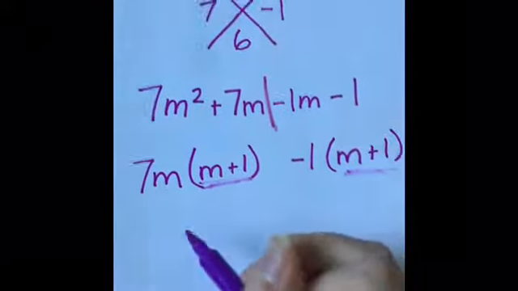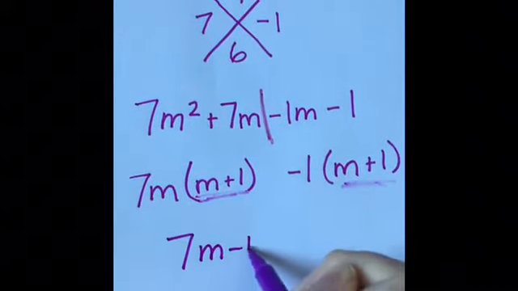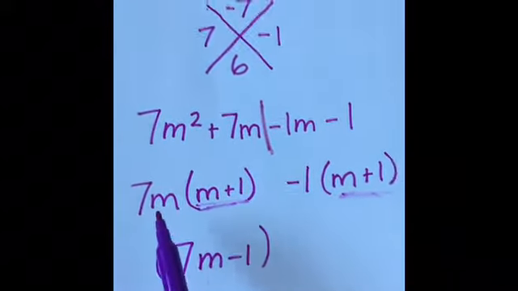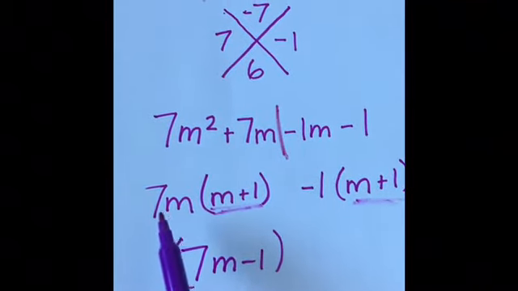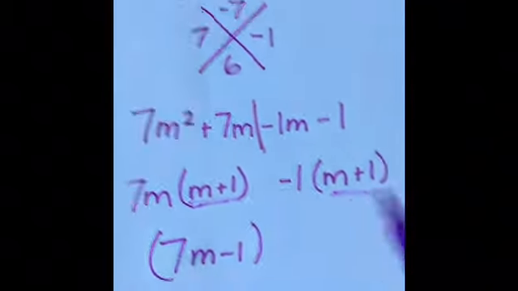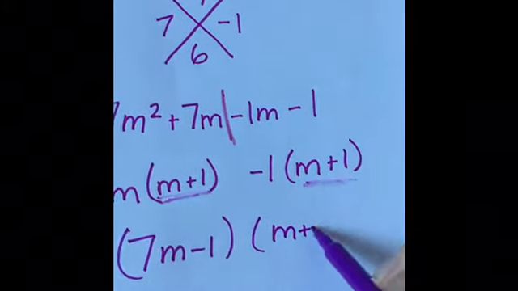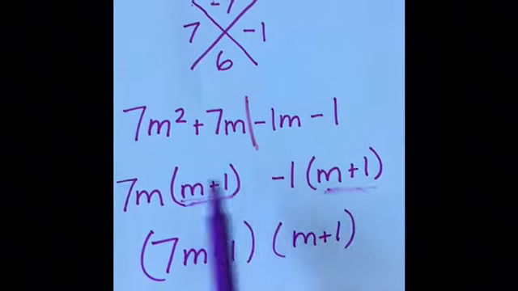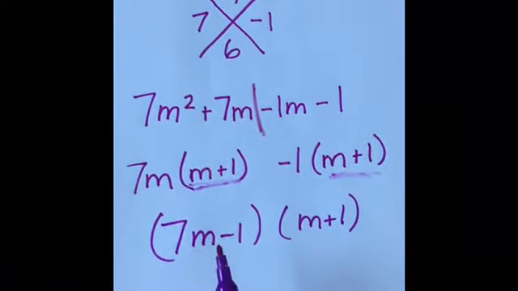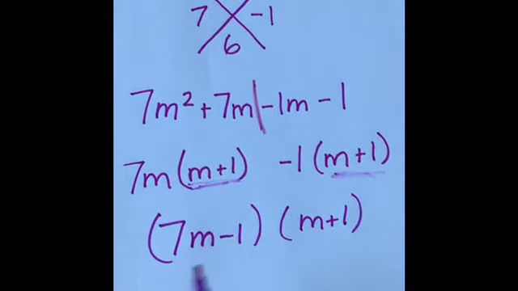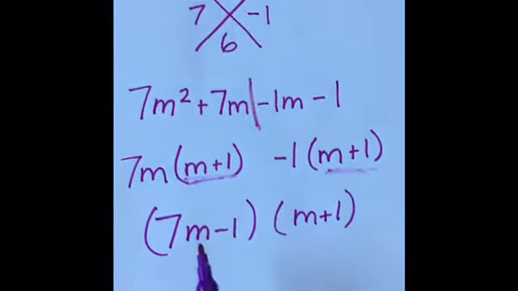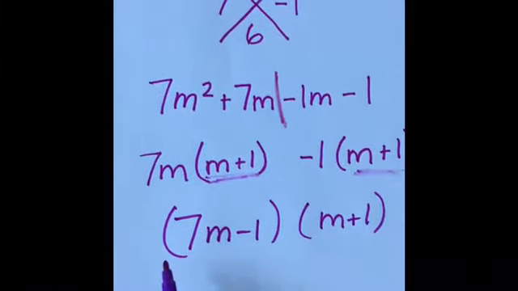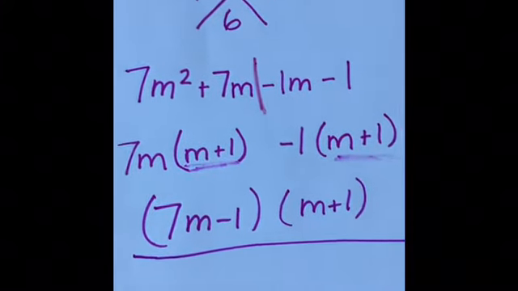So then we rewrite 7m minus 1, putting together this number and then m plus 1, because we got this part. And this is your answer, 7m minus 1, m plus 1. It doesn't matter what order it's in, but that is how you factor.